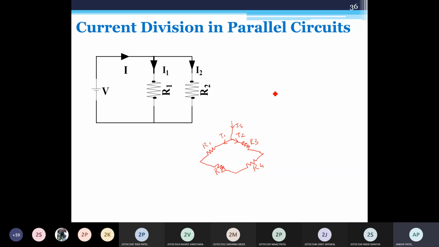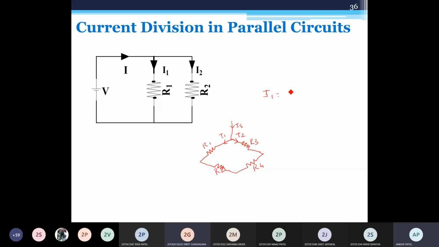Now I want to apply the current divider rule. Then anyone can tell me, I1 is equal to, according to the current divider rule, R3 plus R4 divided by R1 plus R2 plus R3 plus R4.